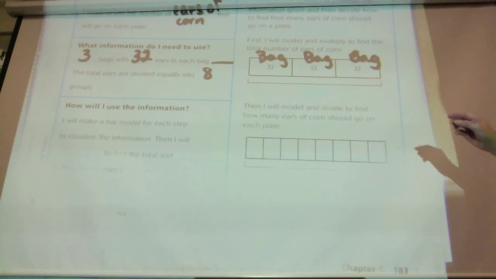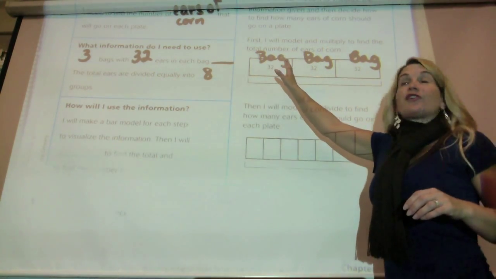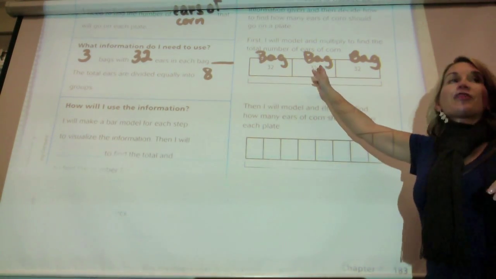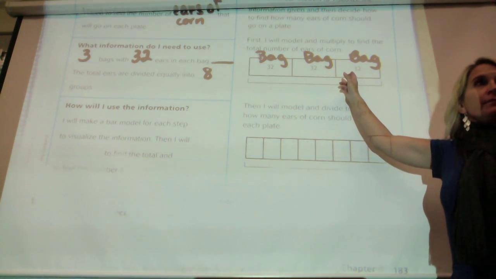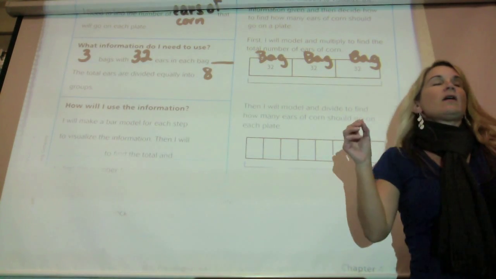We have 32 in this bag, we have 32 in this bag, and we have 32 in this bag. So think again, what function am I going to be using to figure out how much I have total? What do you think, Riley? We're going to multiply those numbers. That will give us the total.